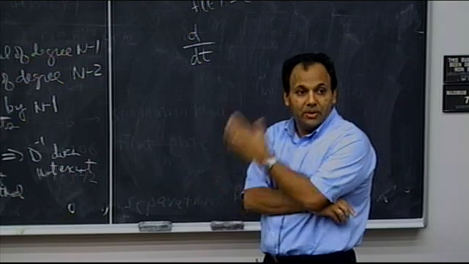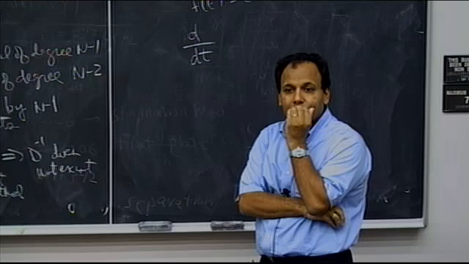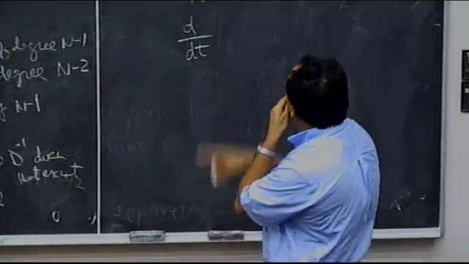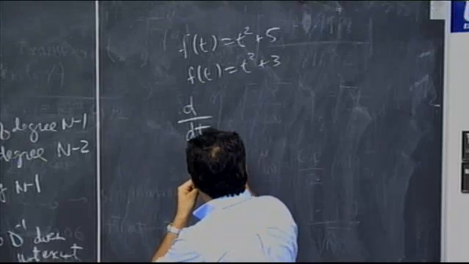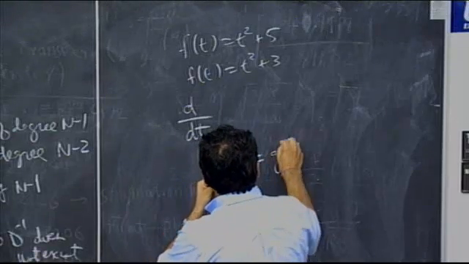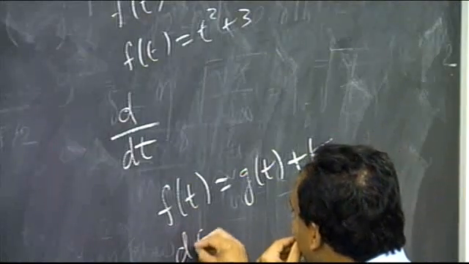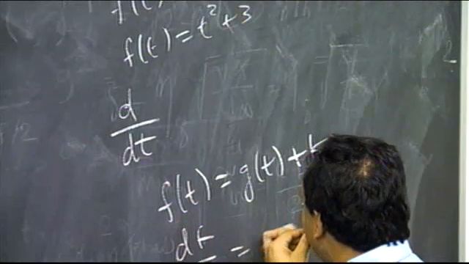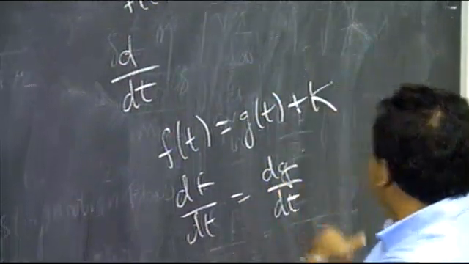What's true about the differentiation operator? Look what I've got here. Suppose I've got a function. Let's say f of t is equal to g of t plus a constant. If I take df dt, I get dg dt. What happened to the constant?